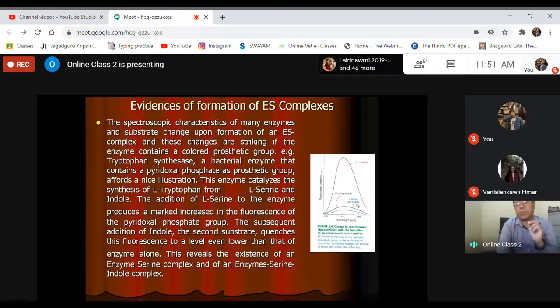All this increase in fluorescence with the addition of serine, and the decrease with the addition of indole, is because there is complex formation between these substrates and the enzyme. This gives proof that an enzyme-substrate complex is formed when enzymes catalyze a reaction.